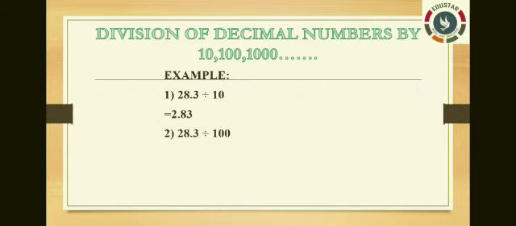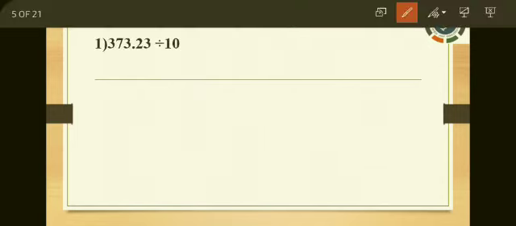On dividing a decimal by 100, the decimal point is shifted to the left by 2 places. Therefore, 0.283. Third example, 28.3 divided by 1000. On dividing a decimal by 1000, the decimal point is shifted to the left by 3 places. Therefore, 0.0283.